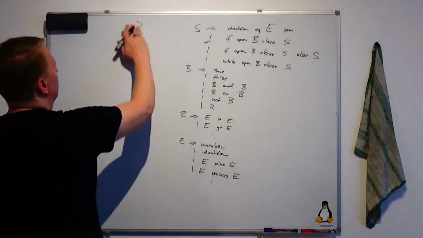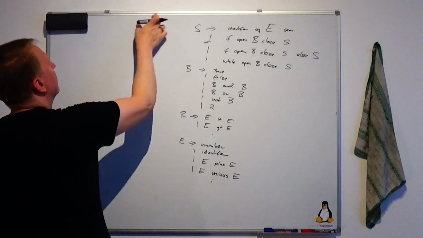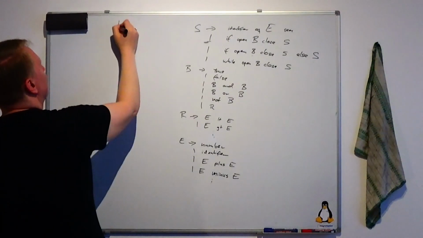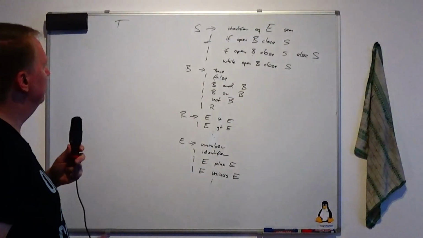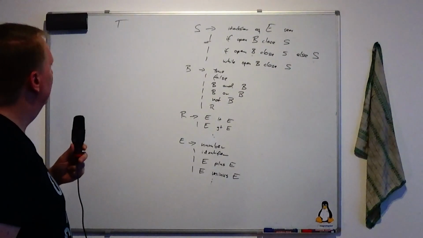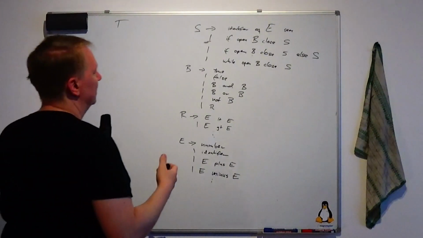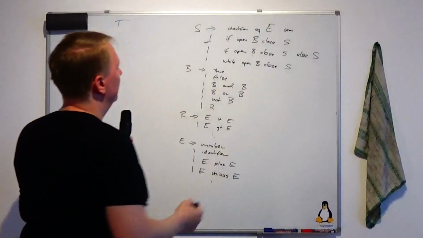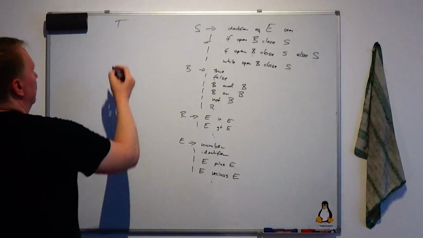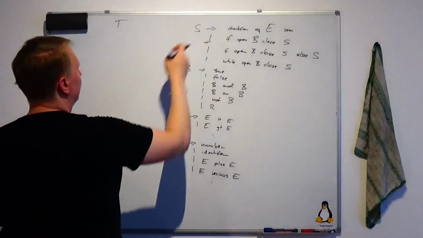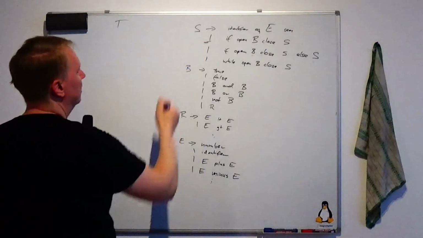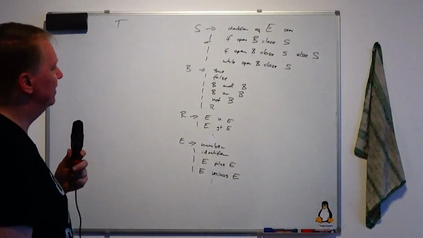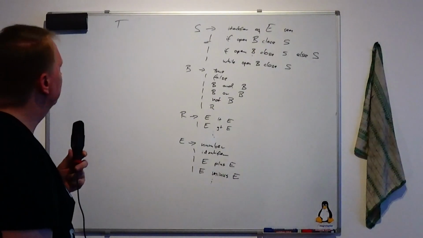So we might want to have a different start symbol. Let's call it T. And with our T, we might want to generate multiple of these S's here, because a program has multiple statements usually, right?